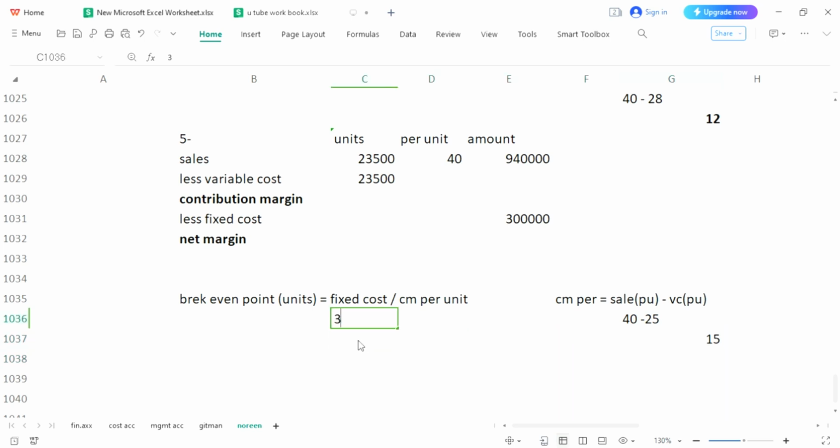Fixed cost was 3 lakh and it was divided by 15. Now we can calculate it: 3 lakh divided by 15. So 20,000 was your break even point.